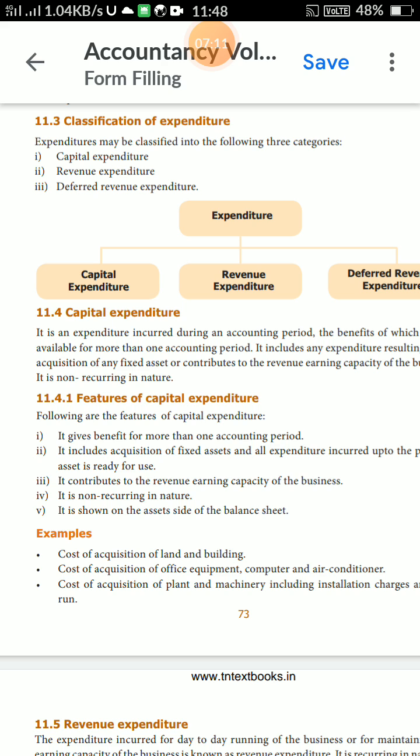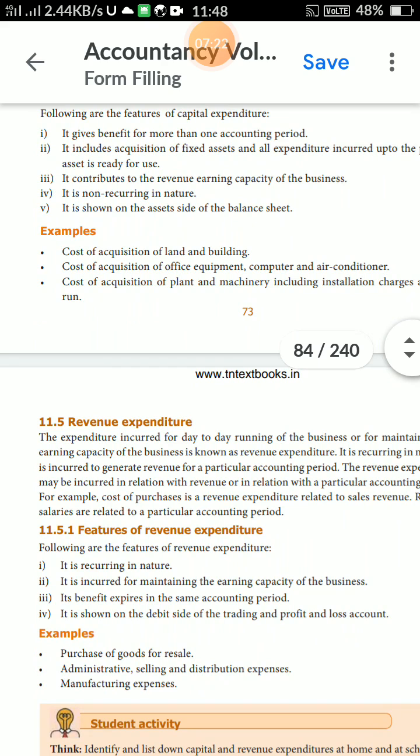Next one, revenue expenditure. The expenditure incurred for the day-to-day running of the business or for maintaining the earning capacity of the business is known as revenue expenditure. It is recurring in nature.